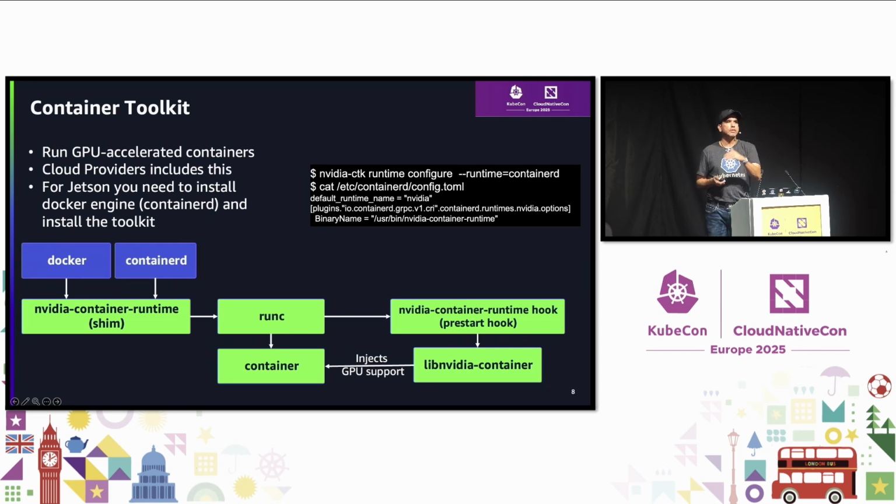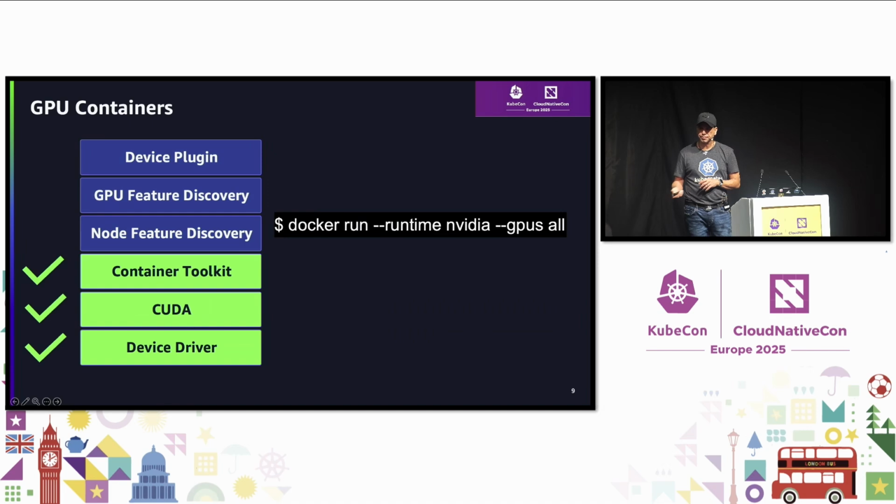So runc would create the container, not started yet, and in this hook it has the ability to modify the configuration of the container before it starts, so it can have access to the devices, like the GPU in this case. So that's why you need the container toolkit, to be able to enable containerd, which Kubernetes is going to use, to access the GPUs in runc.